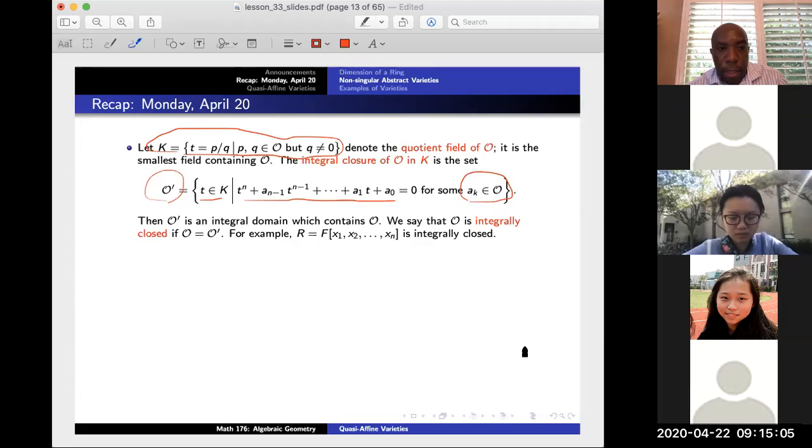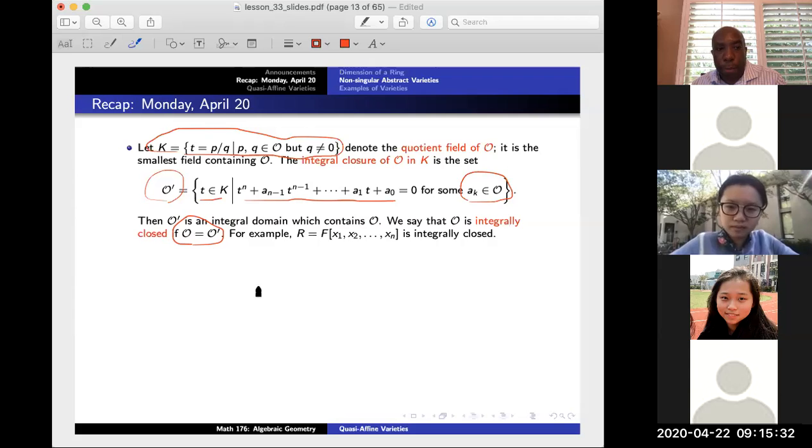So again, these are elements in the field K that are roots of some polynomial where the coefficients lie in the integral domain O. We'll do some examples of this later today. So this O prime is an integral domain. It contains O, and we'll say that O is integrally closed if O equals O prime.